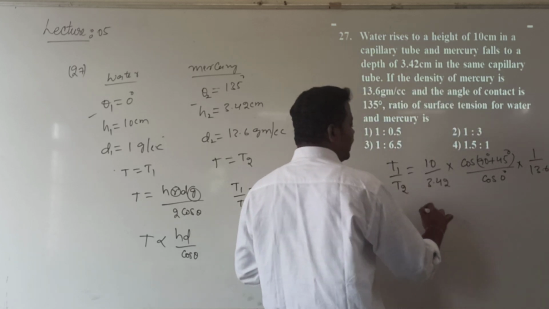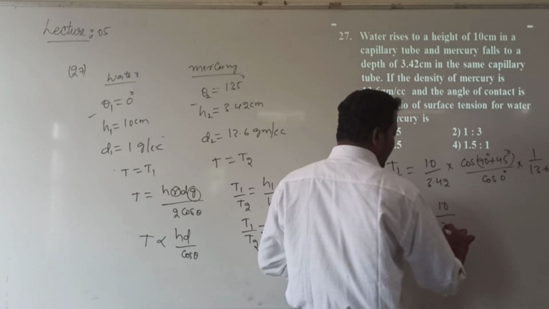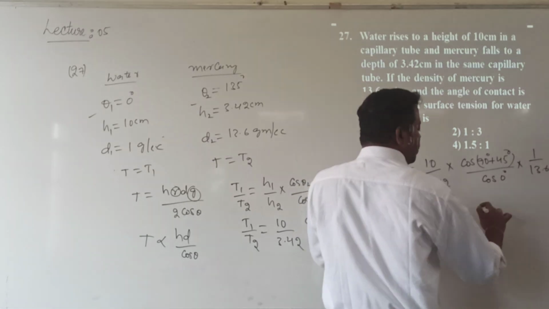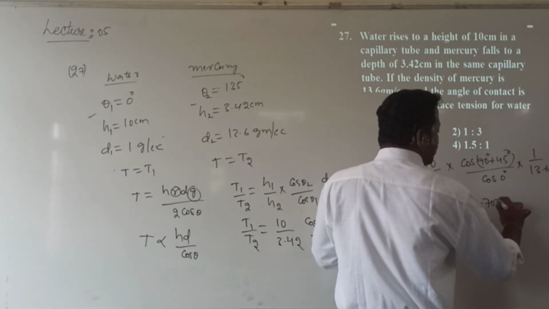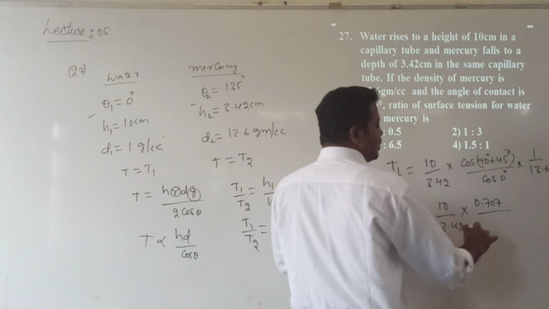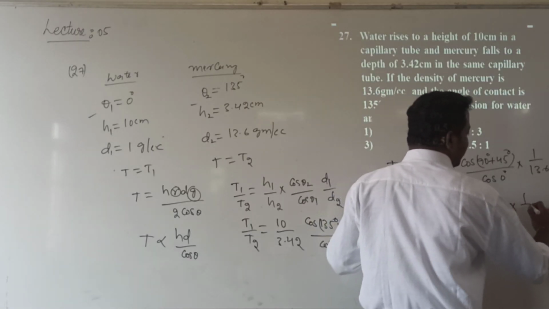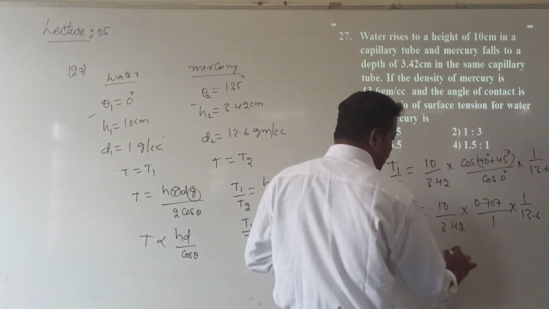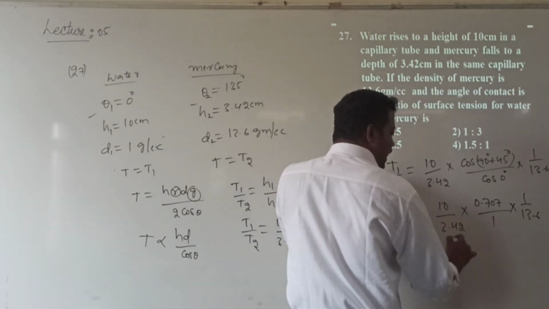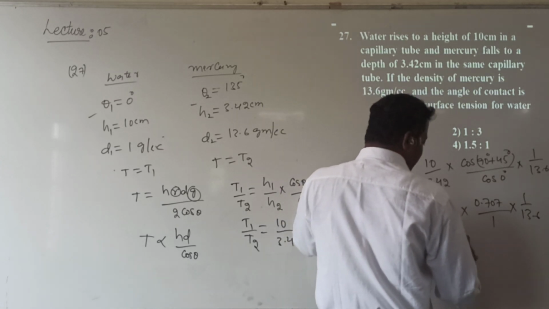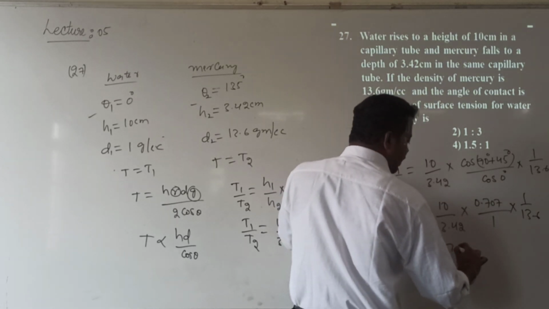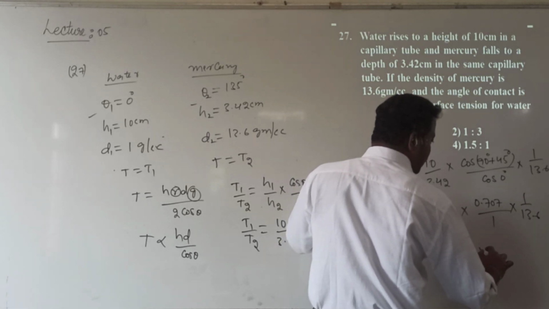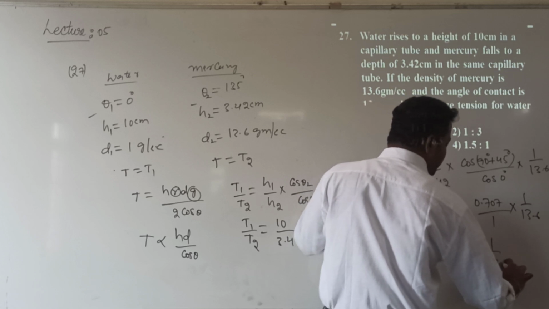So what do I get? 10 divided by 3.42. Sin 45 is 1 by root 2, which is 0.707. Cos 0 is 1, into 1 by 13.6. Multiplying the decimal with 10, that is 7.07 divided by 3.42 into 1 by 13.6.